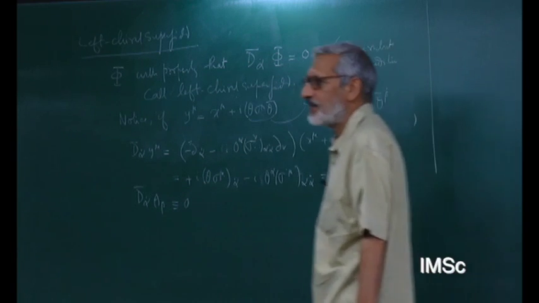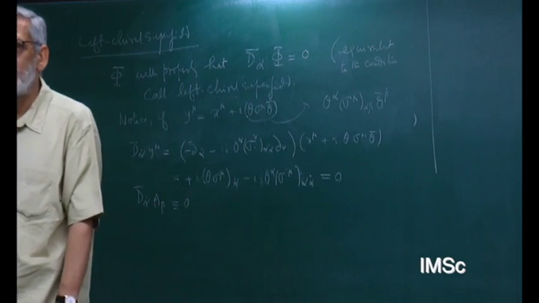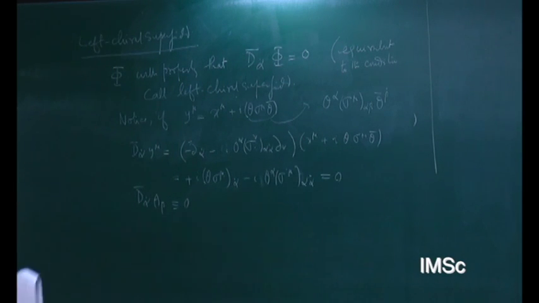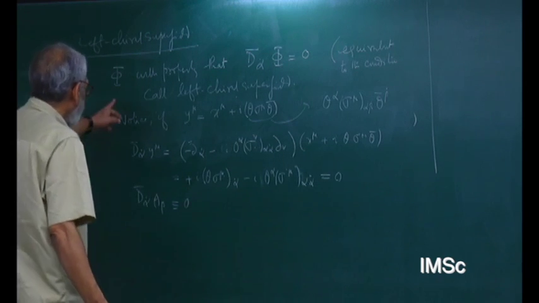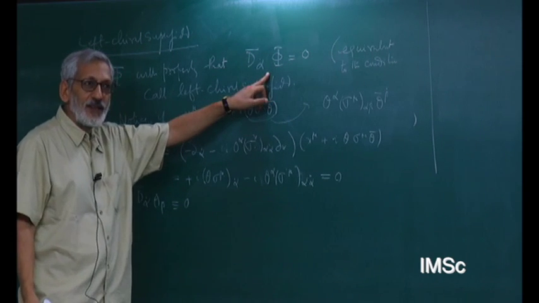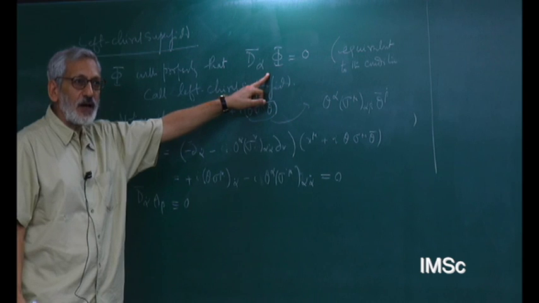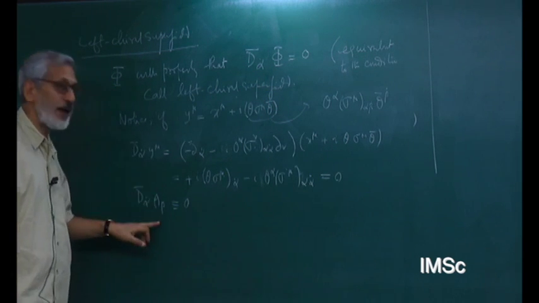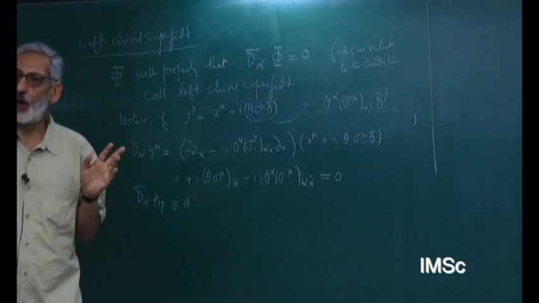Now these properties tell us immediately how to write a chiral superfield. They tell us that this chiral superfield phi, which satisfies this, can be written as a function of y and theta alone, not theta bar.